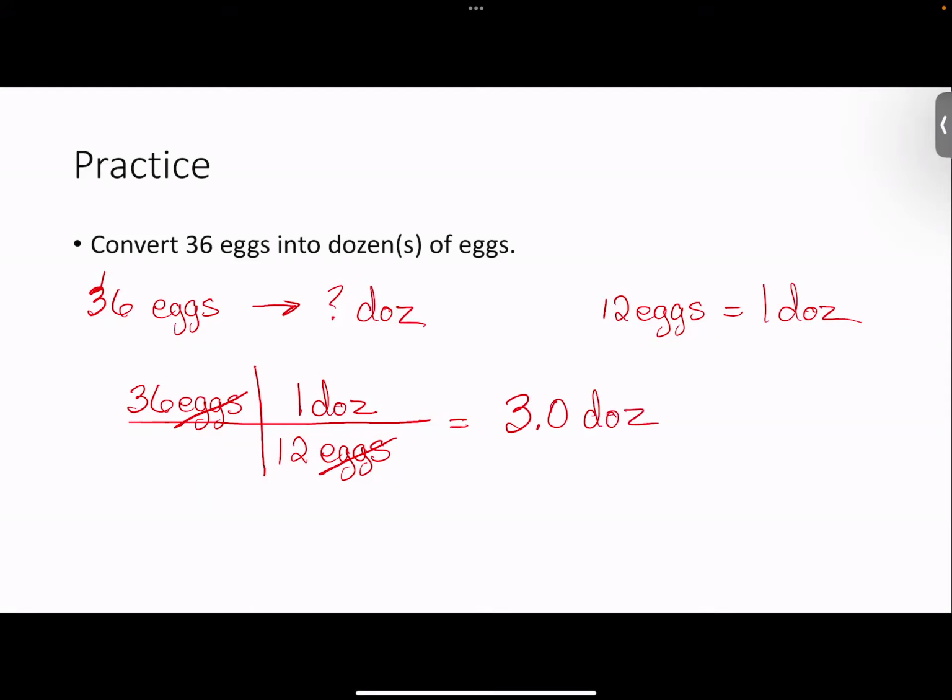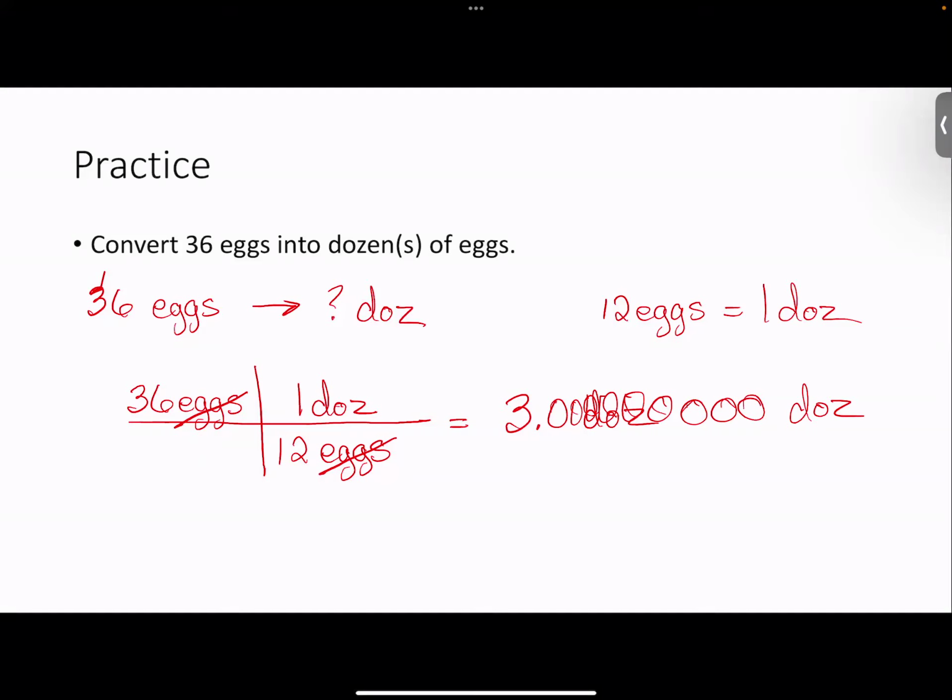And therefore it was 3.0 dozen or 3 dozen. Technically, it's 3.000000000, keep going, dozen. Why? Because 12 eggs, you can't have a partial egg.